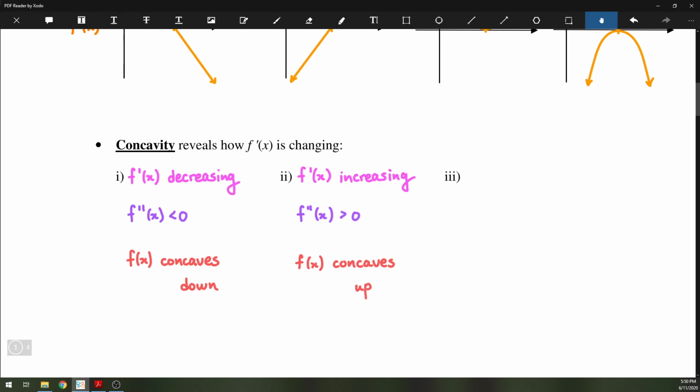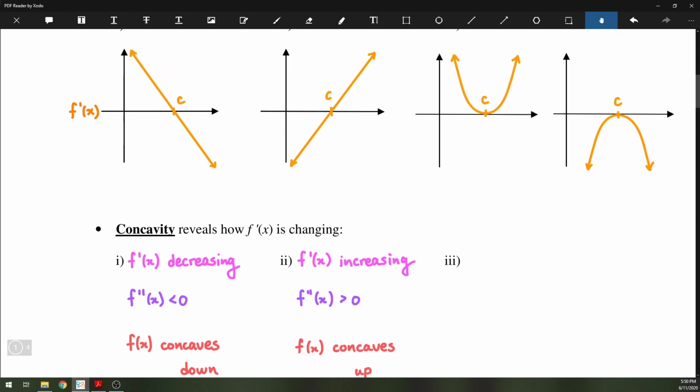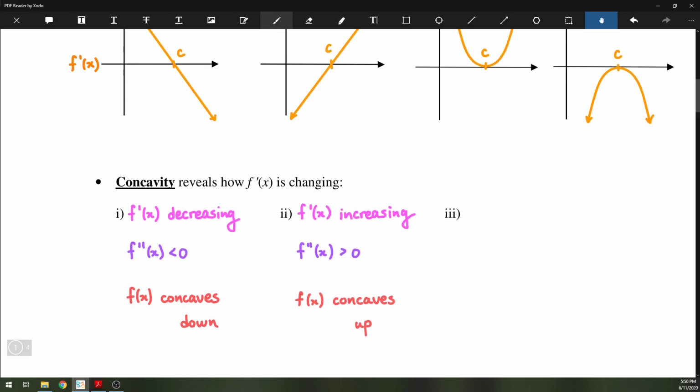Now in the third case, notice that f prime of x has a horizontal tangent at x equals c. So that means f double prime of c is equal to 0.